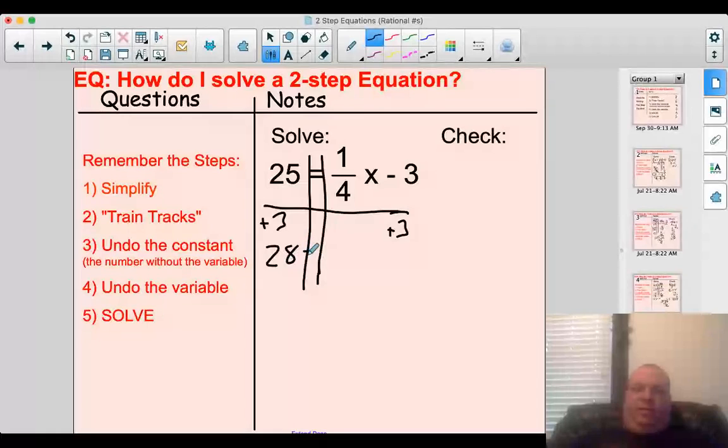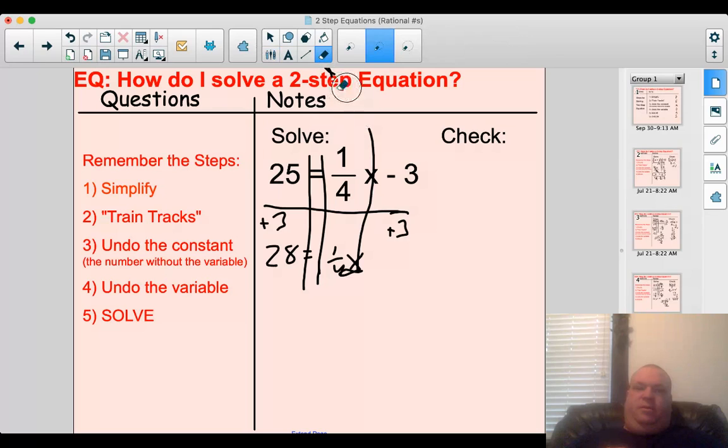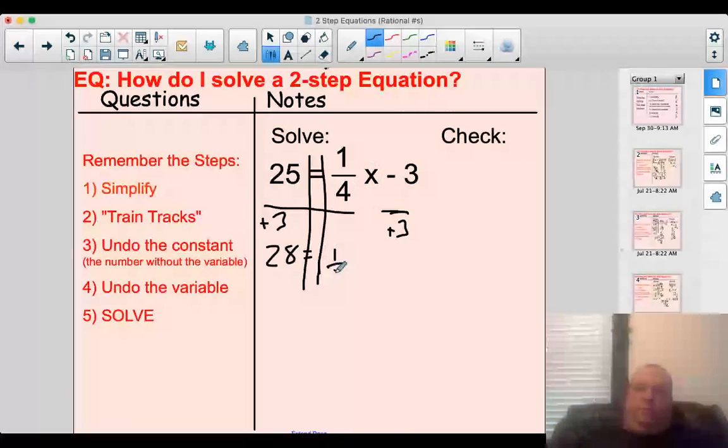I get 28 equals 1/4 x. Okay, to get rid of that 1/4, I need to divide by 1/4, which hopefully you remember is the same thing as multiplying by 4.